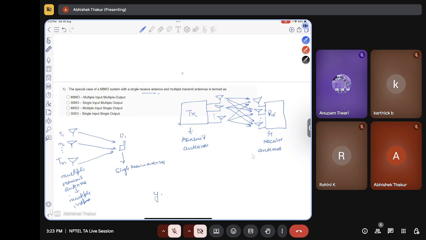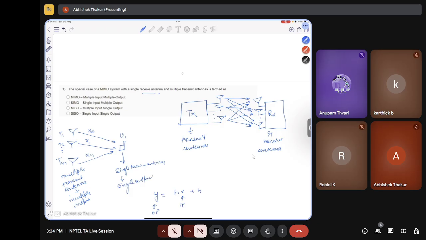As you can see, y is equal to h x plus n. Here x is x naught, x1, xn. So this is the input and this is the output. There are multiple transmit antennas, so multiple input, and here it is a single output.